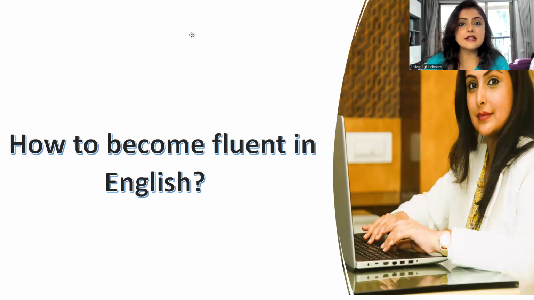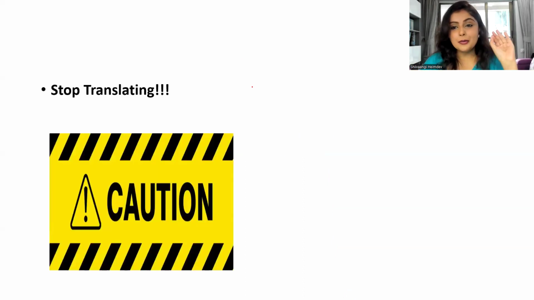The very first thing to become fluent in English is that you have to stop translating. Do not translate. Most of us tend to translate into English using the language structure of our native language, which is where we falter big time.